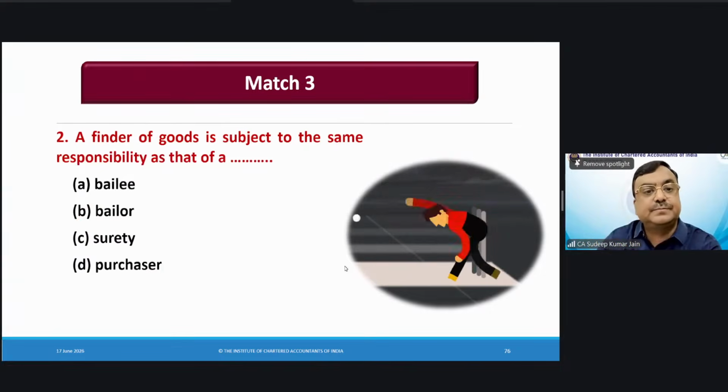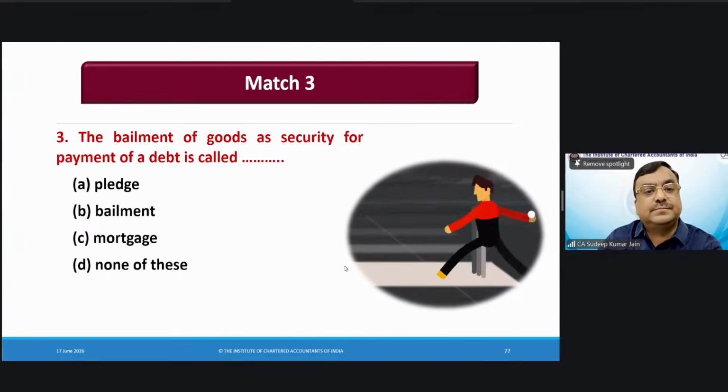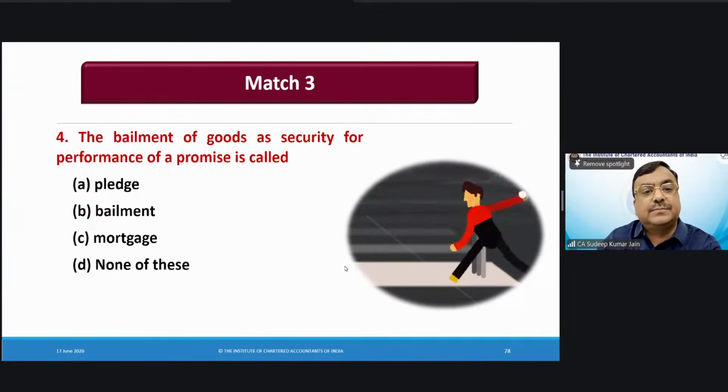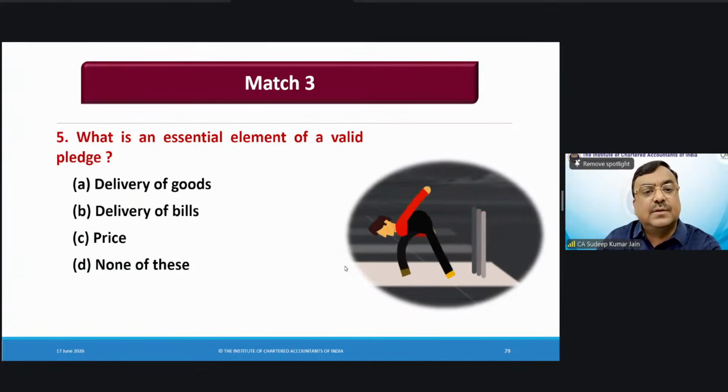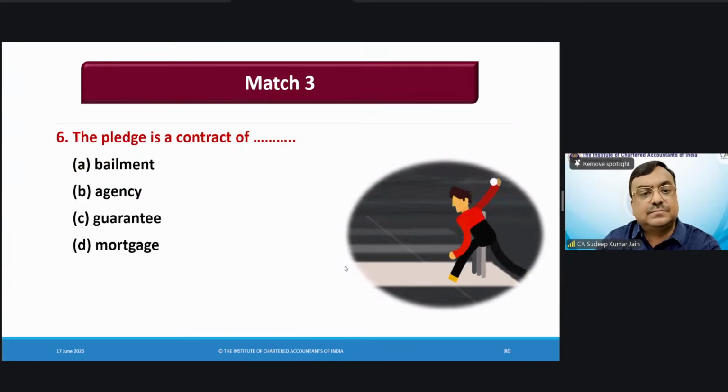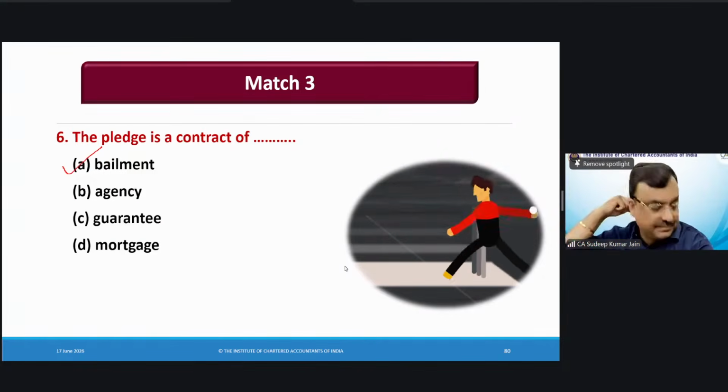Lien, bailee, pledge, delivery of goods, bailment.